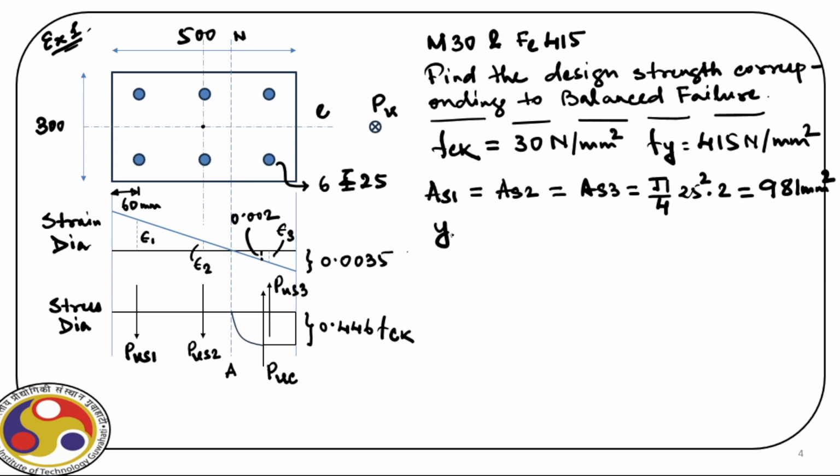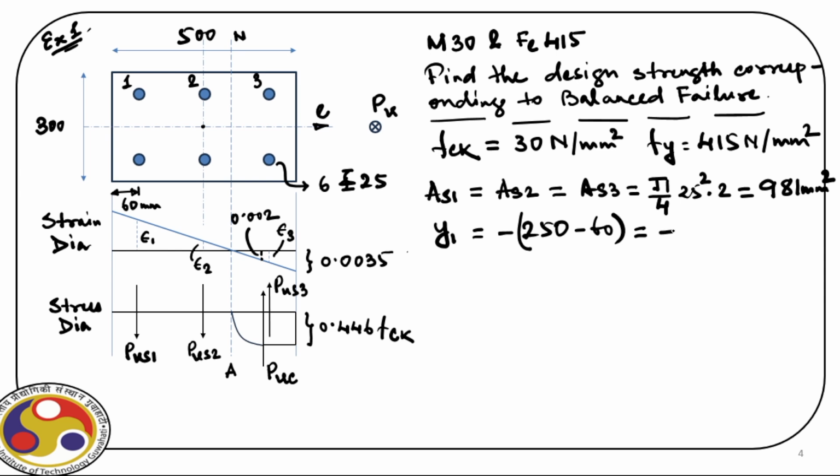Now for each layer we can also find out the location. So Y1, that's the first layer here. So this is the first layer, this is the second layer, and the third layer is here. So for the first layer, the location is in the negative direction. So if this is positive X or say Y, Y1 is 250 minus 60.